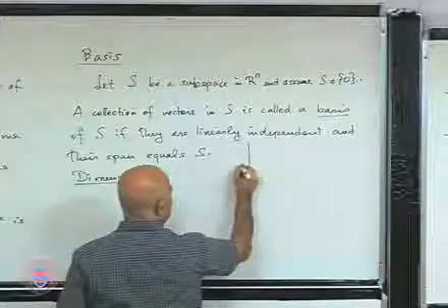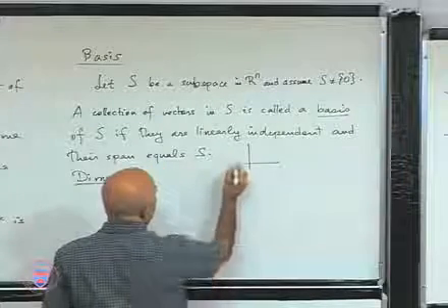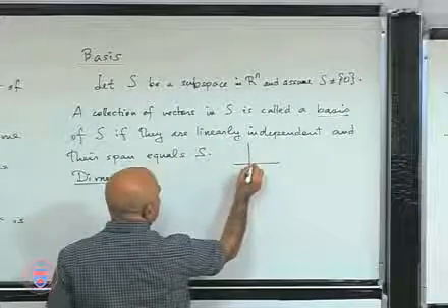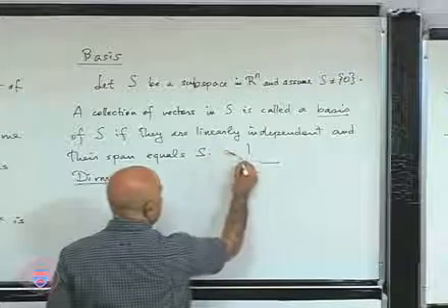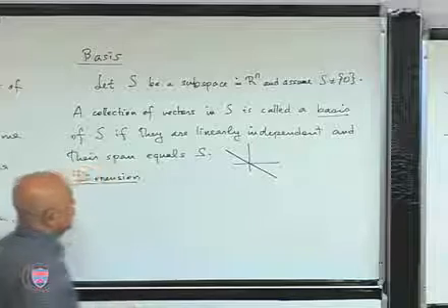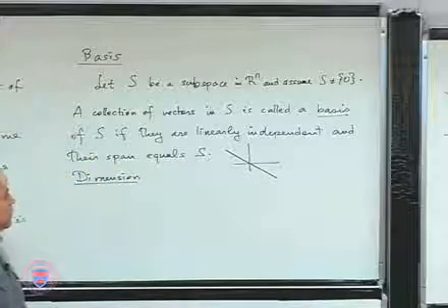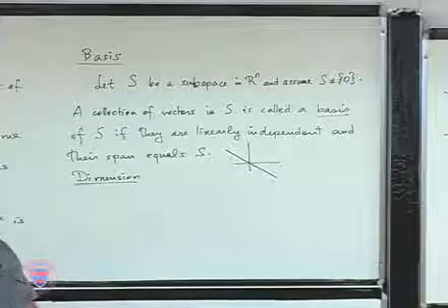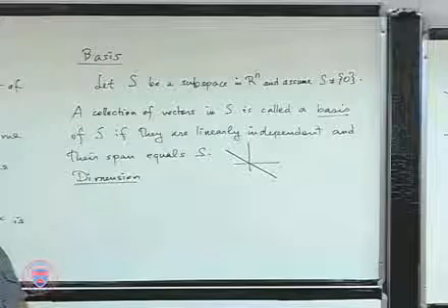For example, in 2 dimensions, if your subspace is this line, then how many vectors do you need in the collection to span and be linearly independent?